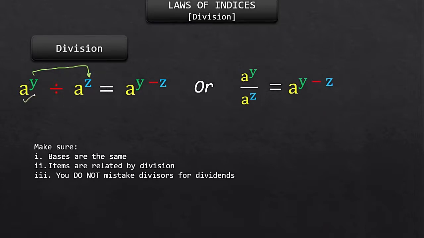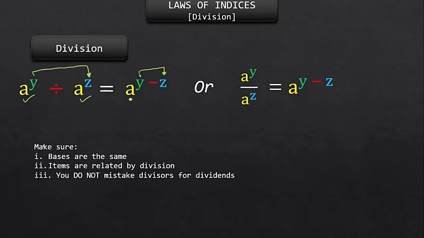So we have the same basis, a, and we have powers y and z, then we choose one of the bases and then subtract the powers from each other. So in essence, a raised to power y over a raised to power z is equal to a raised to power y minus z. So just choose one of the bases and then carry out the operation.